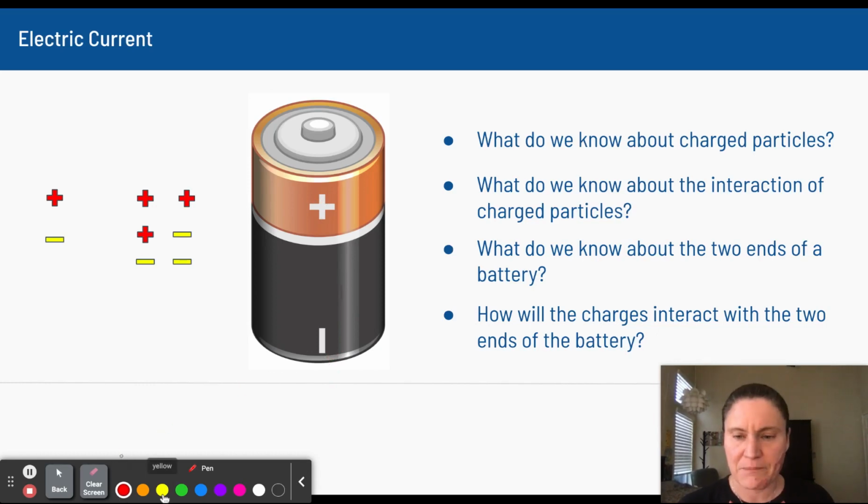Think about that. In this case, I'm going to go with our negatives. We've got a positive, so we are going to attract our negatives, because if you went back and looked at your page 212 notes, you know that the negative charge particles are the ones that move or transfer. So these negatively charged particles are going to attract our positively charged end of our battery.